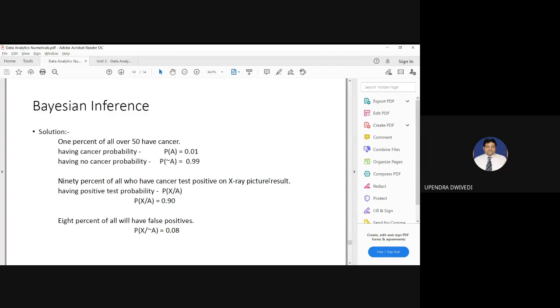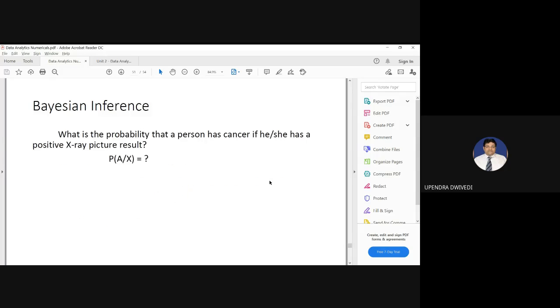False positive means the X-ray is positive, but the sample space is of non-cancer patients. So the probability of positive X-ray given non-cancer patient is equal to 0.08, because it is represented as 8%.